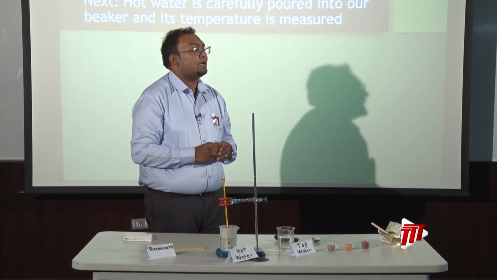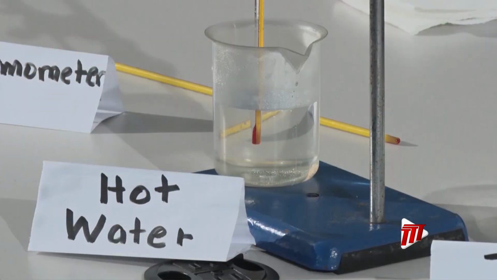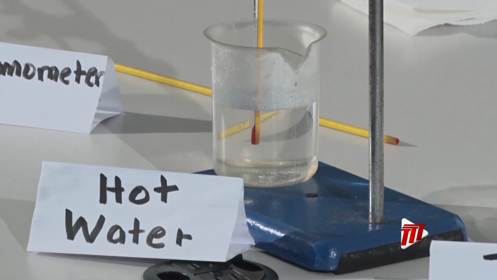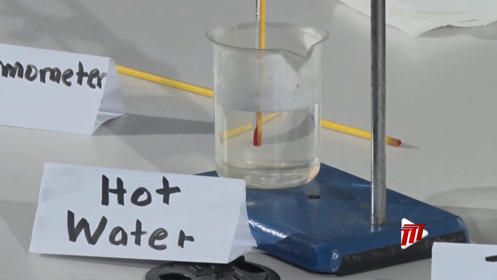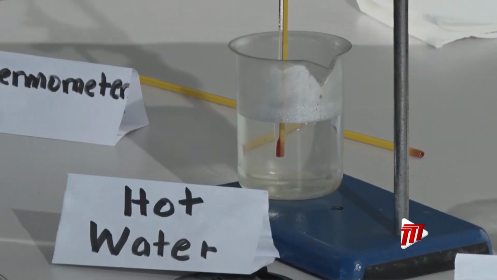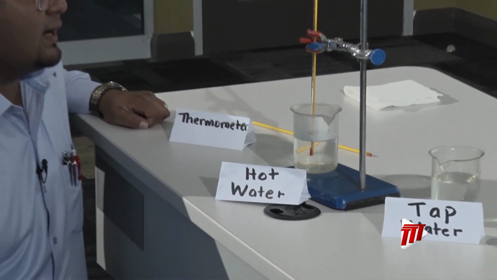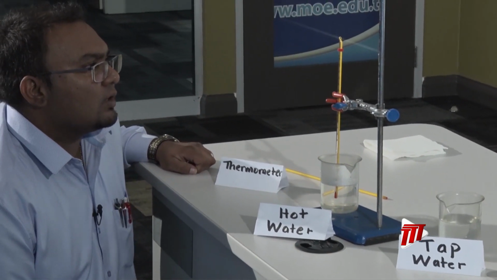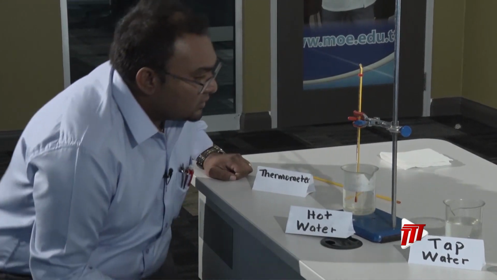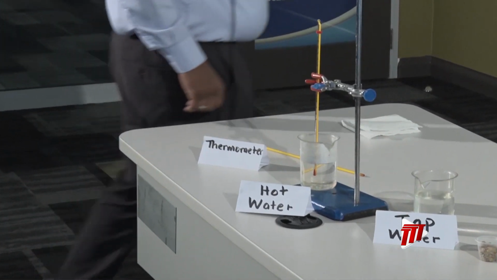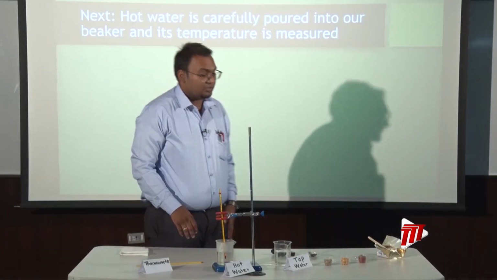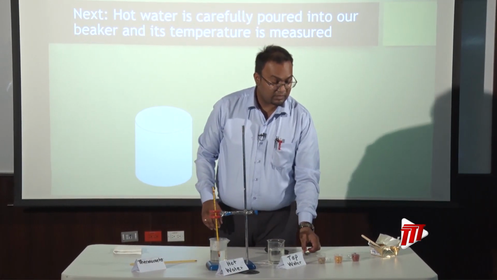It's not touching the sides or the base. And we could take a temperature reading. So now again, we go back down, and at eye level, right now the water is at 80 degrees Celsius. That's very hot when we compare it to the 22 degrees Celsius of the tap water.